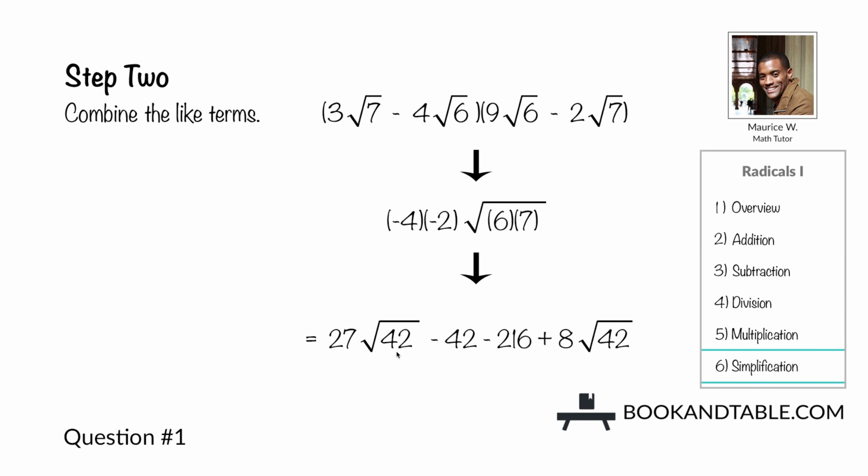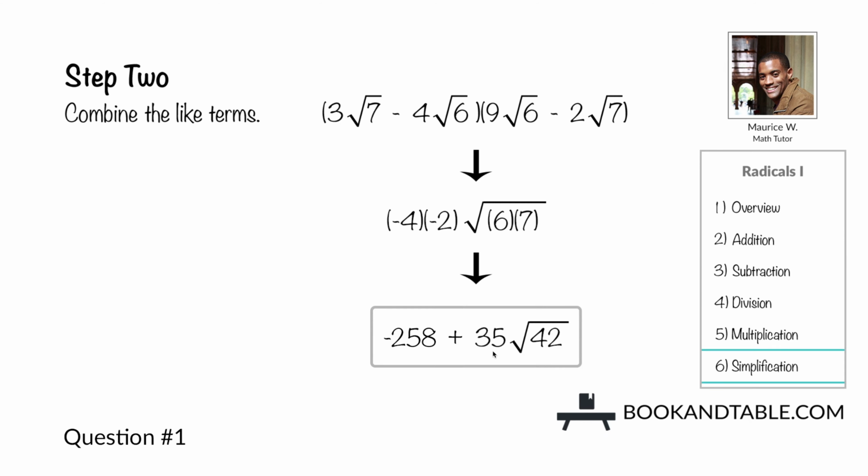So you want to combine the radicals that have the same radicand. So these both have a radicand of 42, so we can combine their coefficients, positive 8 and positive 27, to get positive 35 radical 42. And negative 42 minus 216 gives you negative 258. So the final answer is negative 258 plus 35 radical 42.